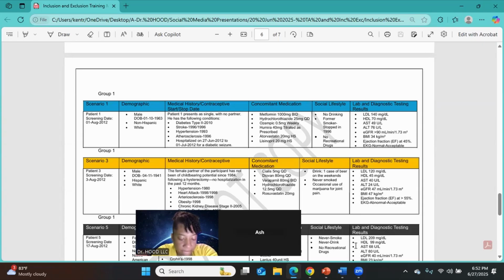3 was the age, and there were 2 more. Give me 1 second. Let me look over it. ALT below 30. And then BMI above 45. Now let me go back.